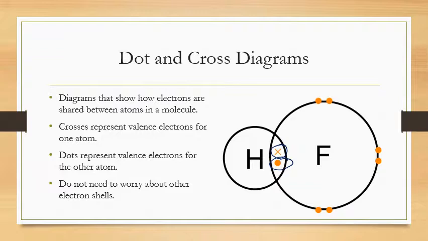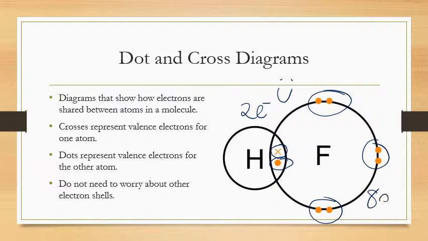That means that hydrogen has 2 outer electrons in its valence shell, so it's nice and stable, and the fluorine is also sharing: 1, 2, 3, 4, 5, 6, 7, 8. Okay, so it's got 8 electrons in its outer shell. By sharing that 1 electron, it also gets a full valence electron shell, so it's also happy.